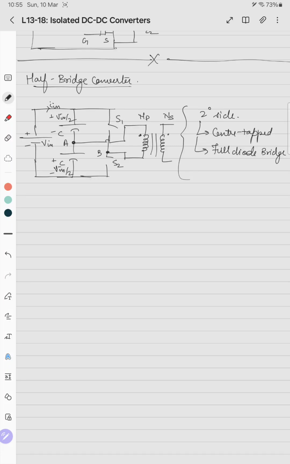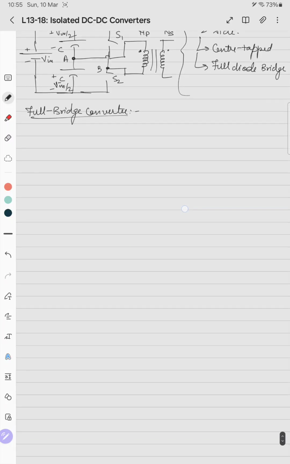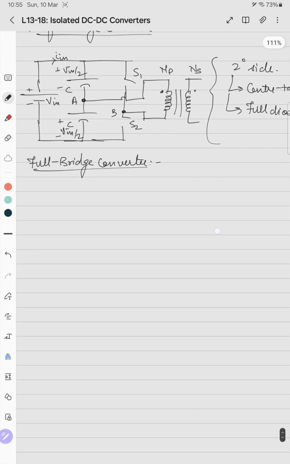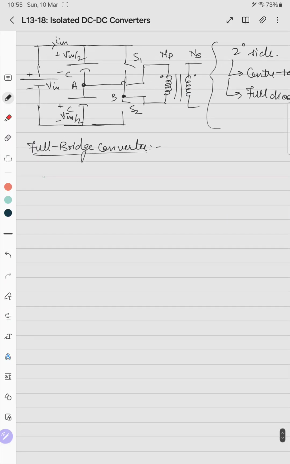So this is a half bridge converter, and the full bridge converter is like this. In the full bridge converter, we replace these two capacitors with another set of switches. So we have 4 switches. V in, I in, so we have S1, S2, S3 and S4.